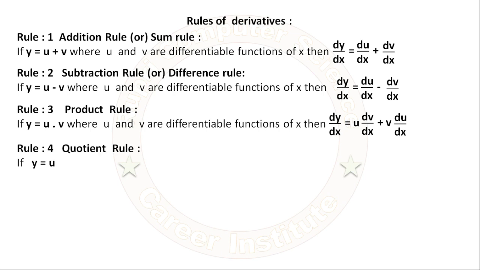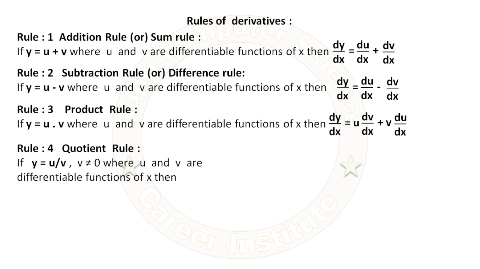If y is equal to u divided by v, v is not equal to 0, where u and v are differentiable functions of x, then dy upon dx is equal to v into du upon dx minus u into dv upon dx, whole divided by v square.